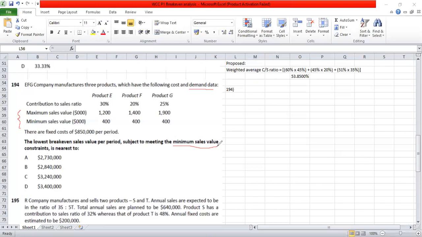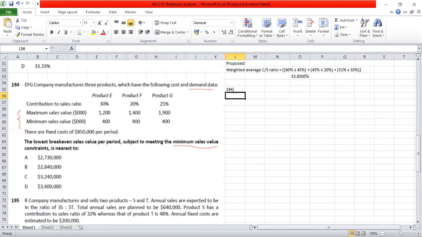Now, there are three different products, each giving different amounts of contribution margin. If the sales values are 400, 400, 400, assuming that it is only 400.